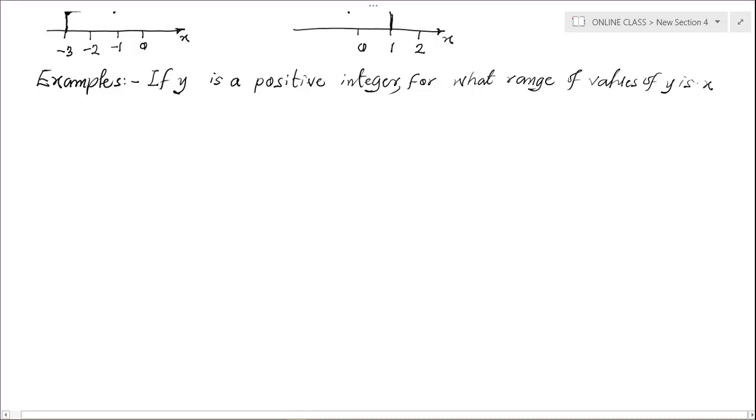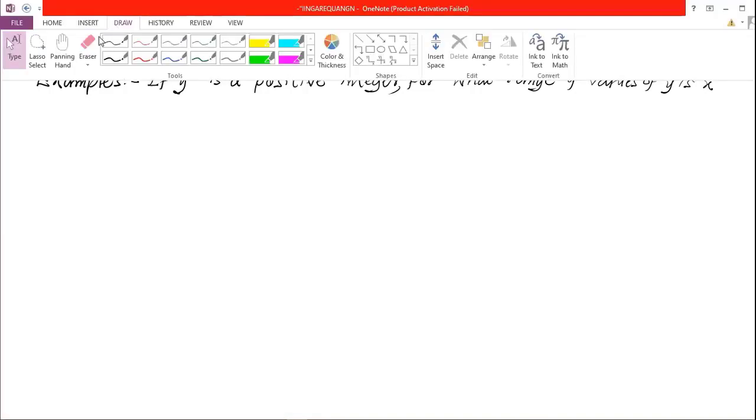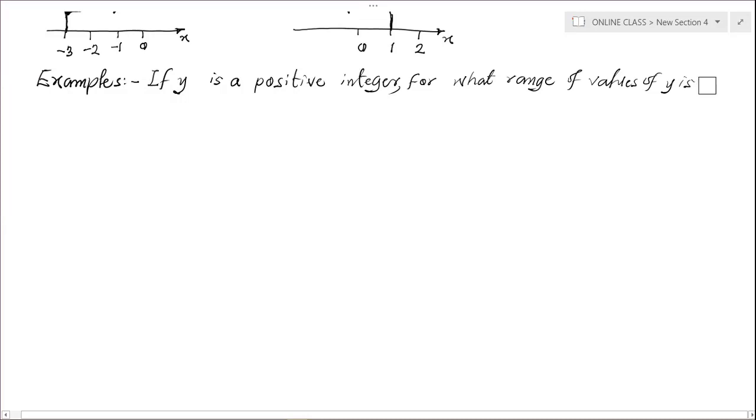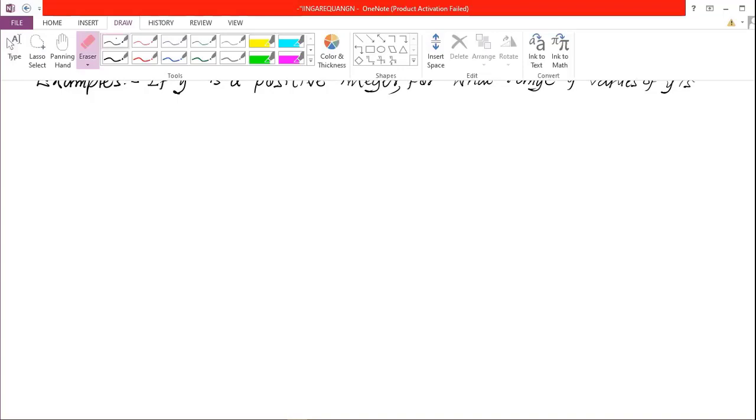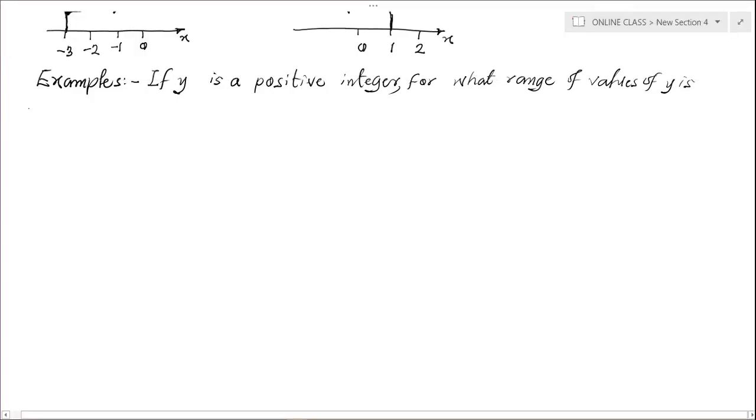For what range of value is, oh sorry, I've written another thing entirely. Let me just clean it. For what range of value is what? Number 1, 8 plus 2y is less than 14.